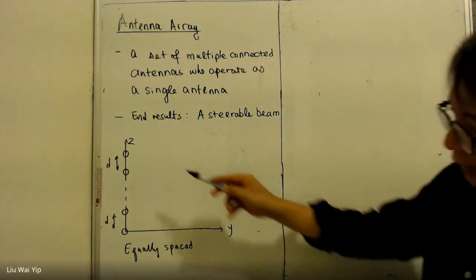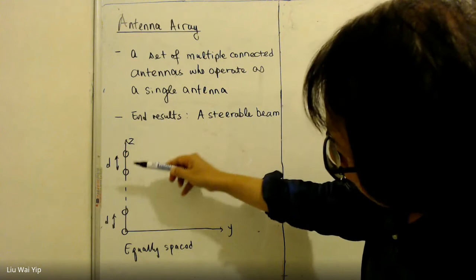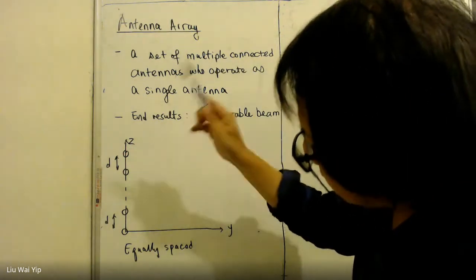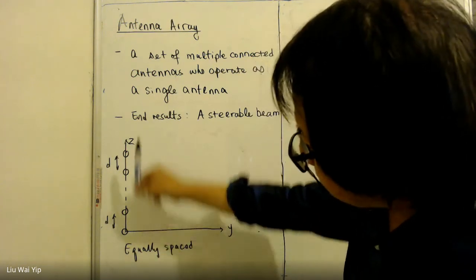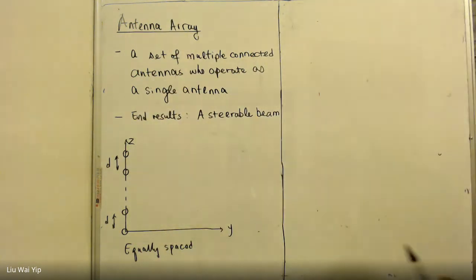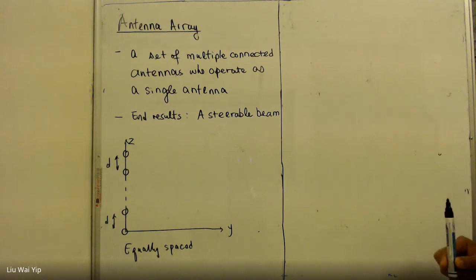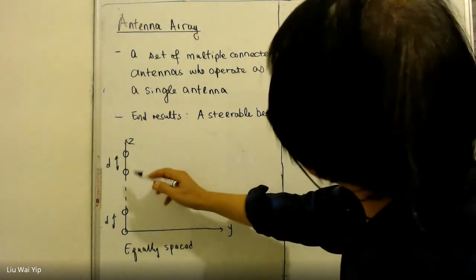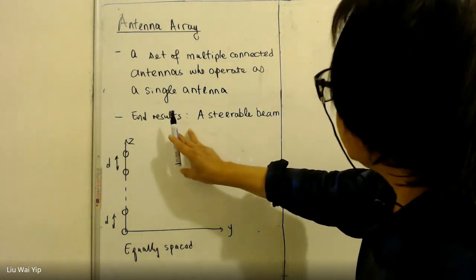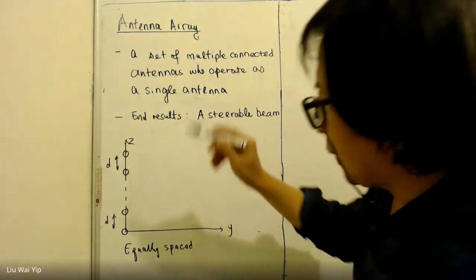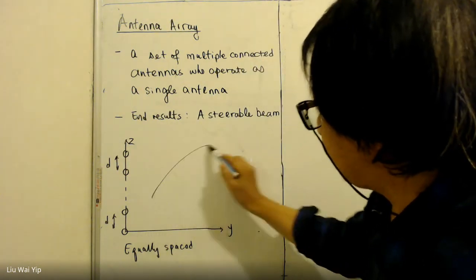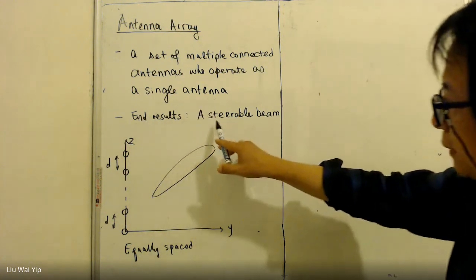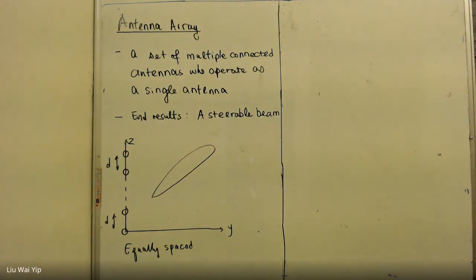So let's take an example. In this antenna array, lying up along the z-axis, the antennas on its own will radiate a beam, and that's why I said the end result is expected to be a steerable beam.